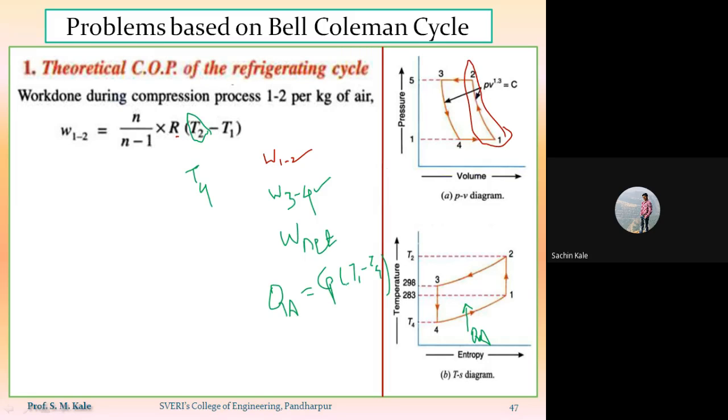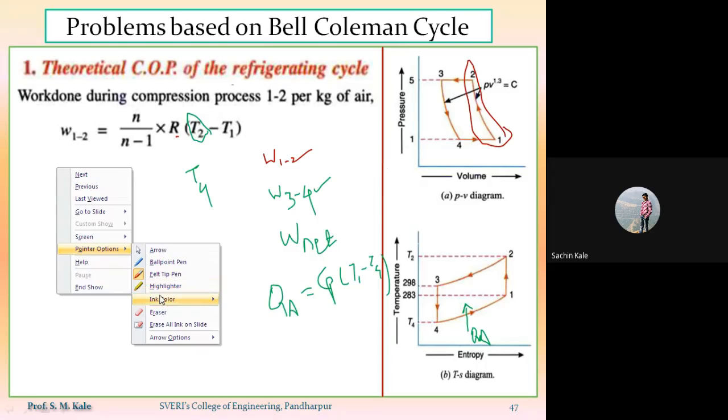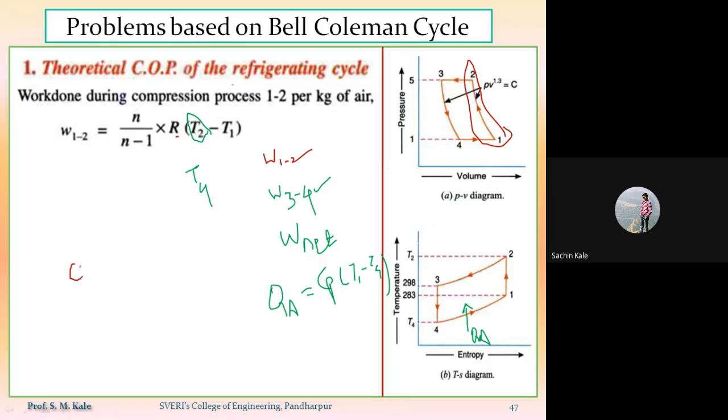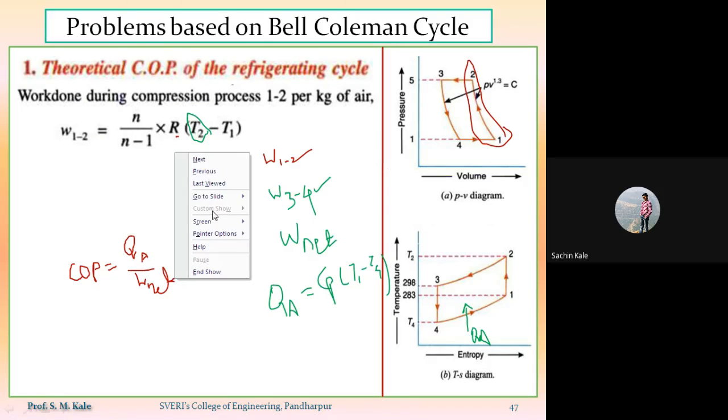So here I will get the value of QA. So after getting the value of QA, I will calculate the value of COP. The formula of COP will be W net divided by QA, or QA divided by W net. So by using both the methods, I am able to calculate the value of COP.